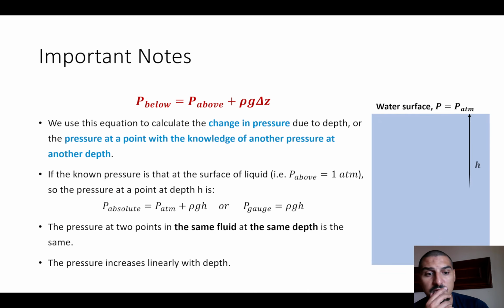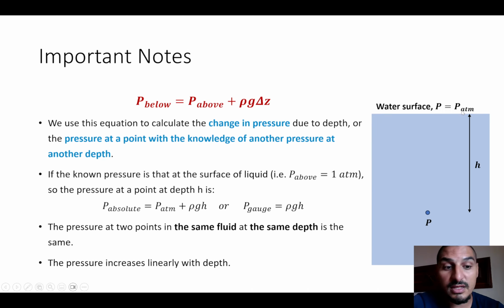Okay, so one of the very, very common cases is if the known pressure is the pressure at the surface of a liquid, and this surface is open to the atmosphere, so the pressure here is atmospheric pressure. So the pressure at point P is going to be the atmospheric pressure plus rho gh.